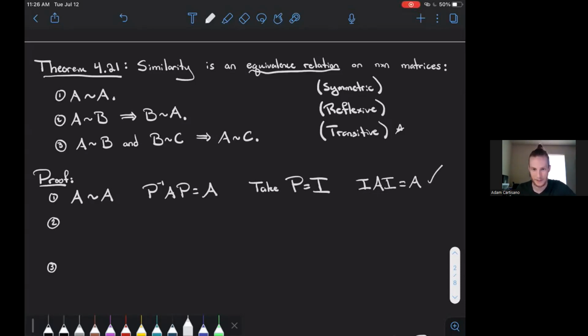This relation is definitely reflexive. Probably more interesting is symmetric.